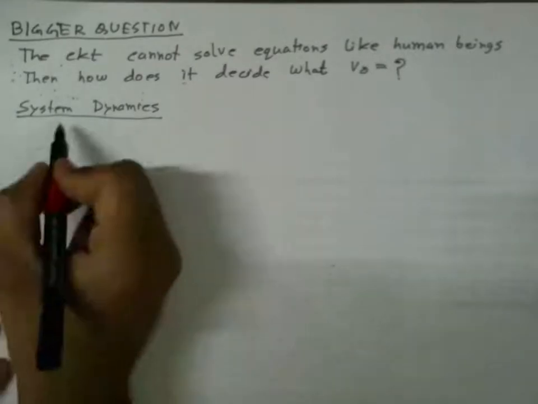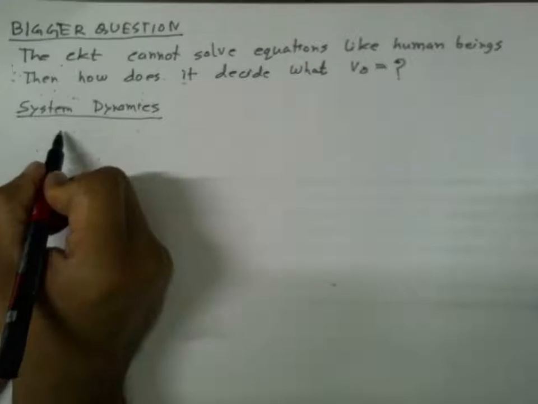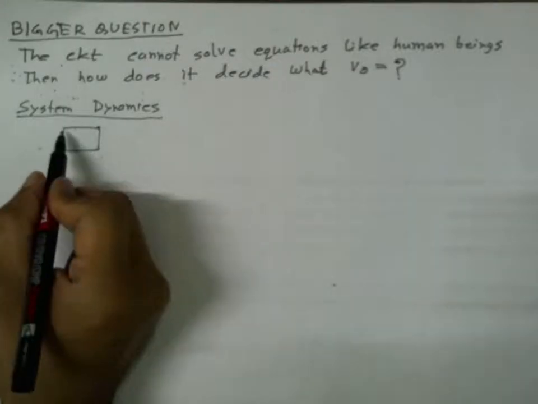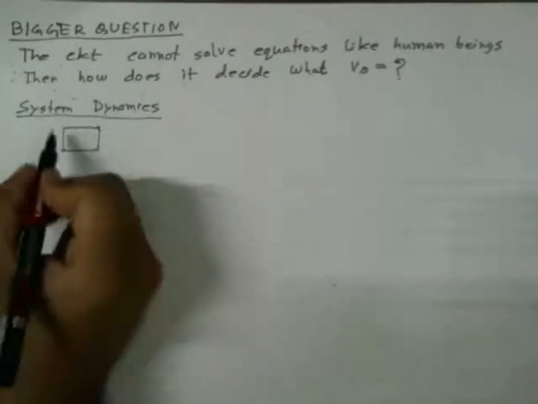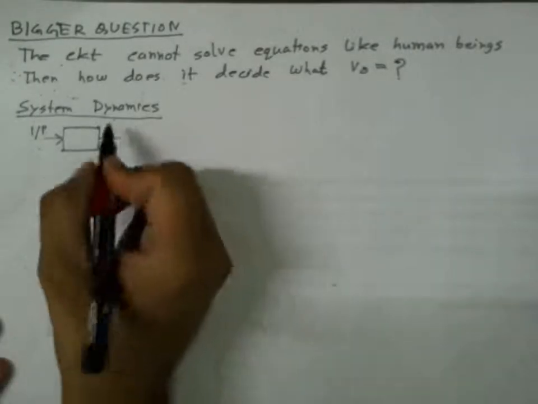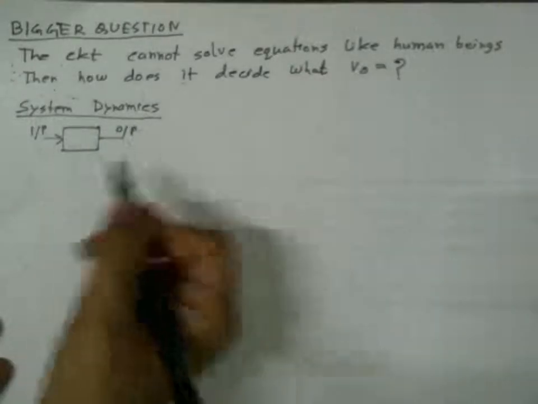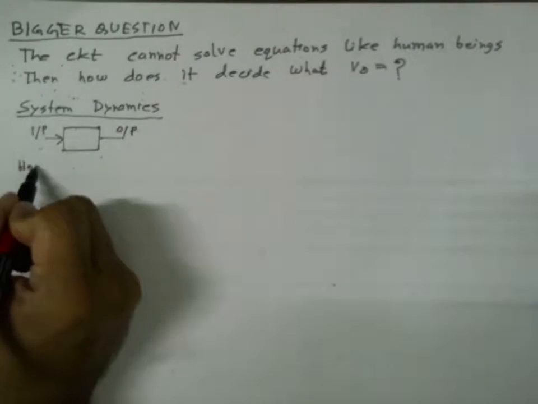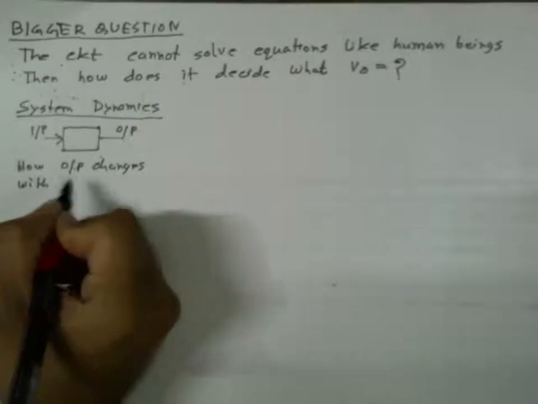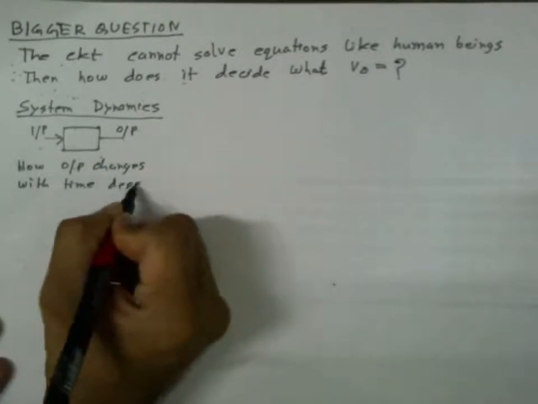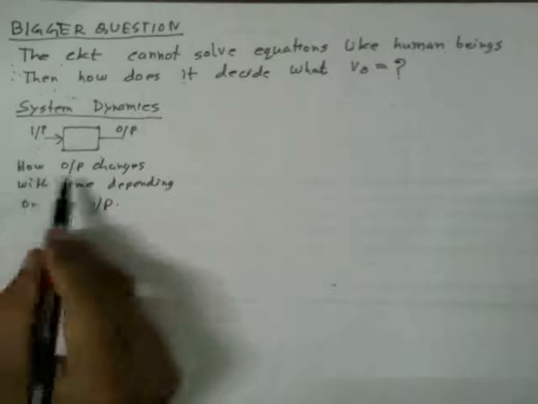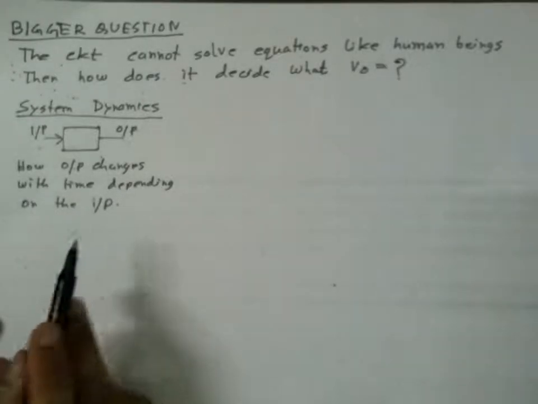System dynamics means if I have a system or a part of a circuit or an element of a circuit where there is some input, some voltage, maybe some current, depending on that, how the output changes with time depending on the input, this is what we call system dynamics.